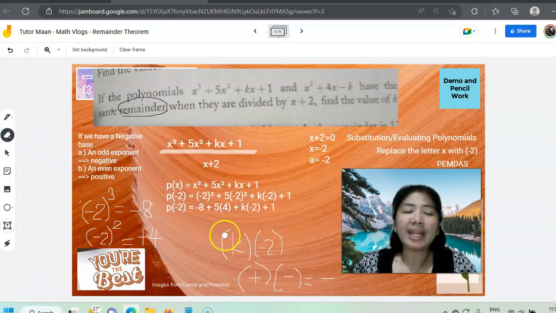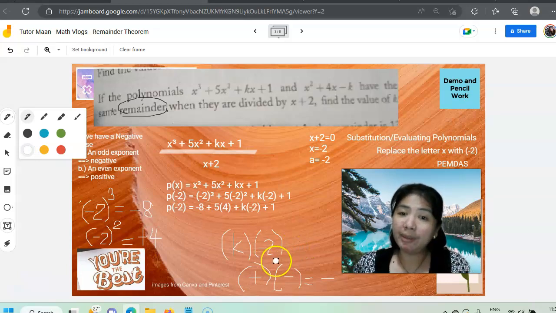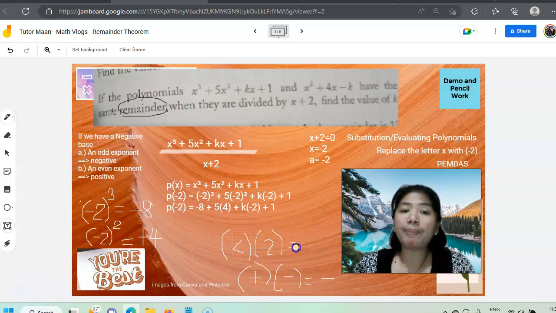And then if we have a number multiplied by a letter, we just have to copy the number and then write the letter beside it. Okay, so k times negative 2 is negative 2k.